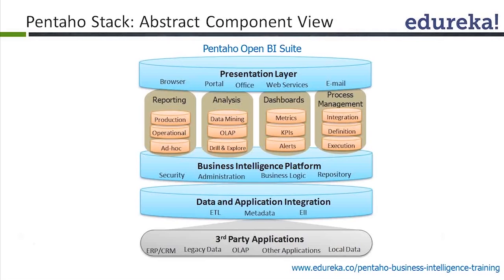In the whole BI process, let's go from right to left, first is process management. Integration, we have already seen: slicing and dicing, cleansing, massaging the data. Then you need to understand the definitions, and then the logical mapping needs to be done, which is where metadata comes into the picture. That is all about process management.